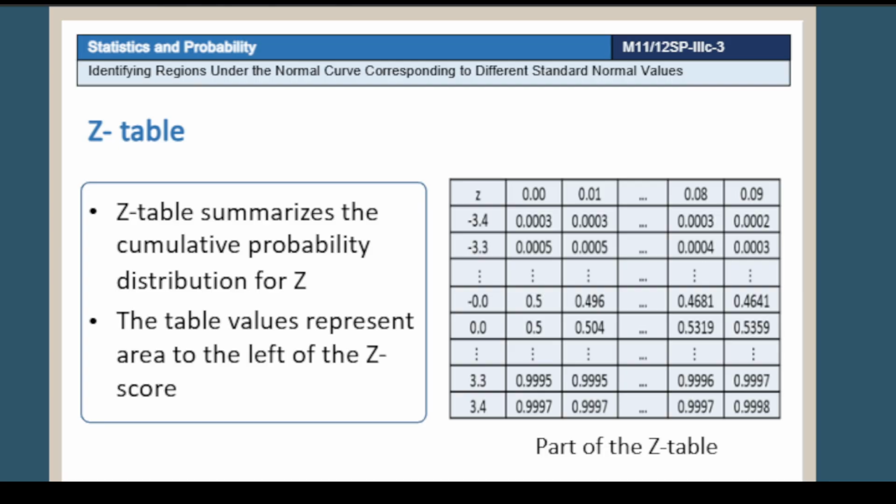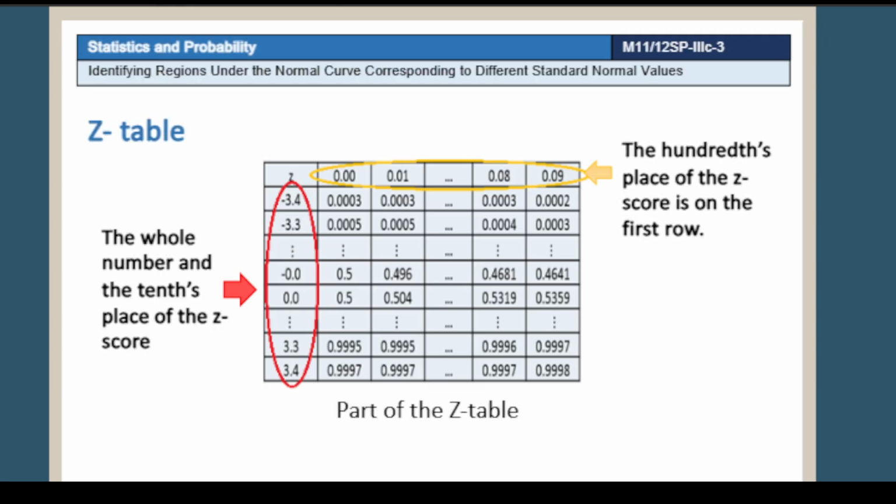I have already given you the idea on how to use this one, by looking at the leftmost column and the topmost row of the table. The leftmost column contains the whole number and the tenths place of the z-score, while the first row of the table covers the hundredths place.